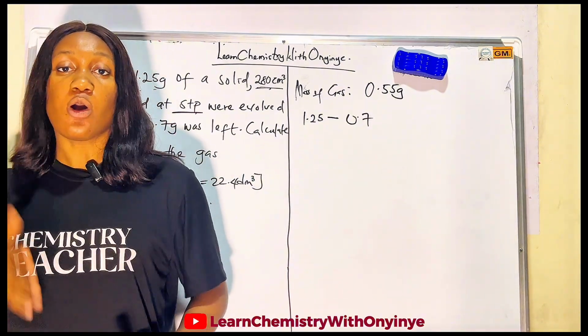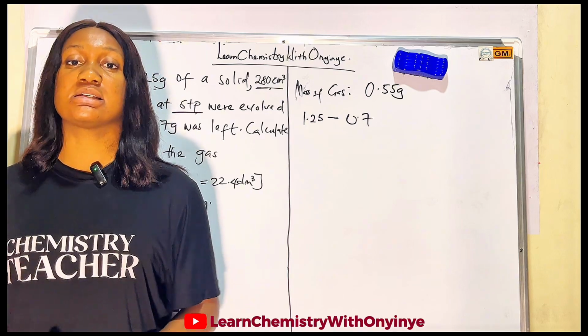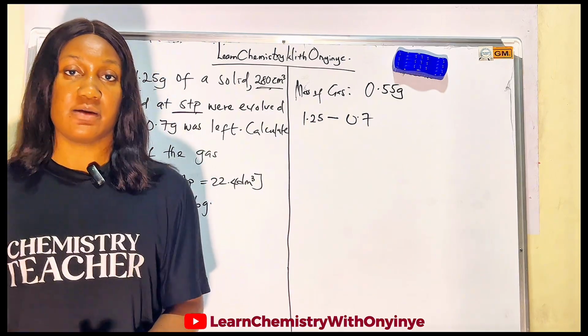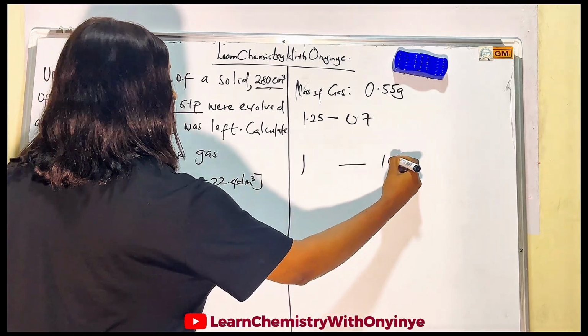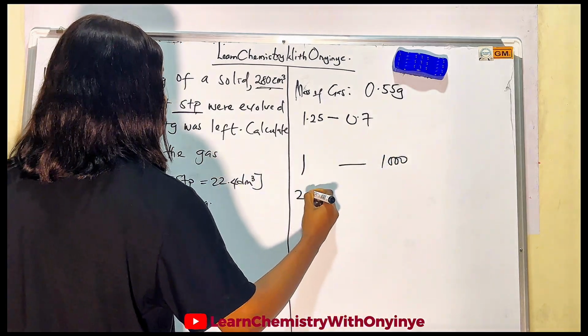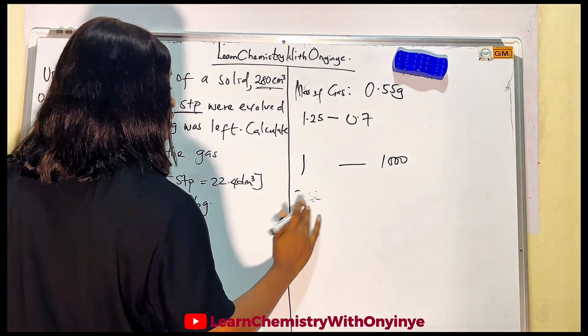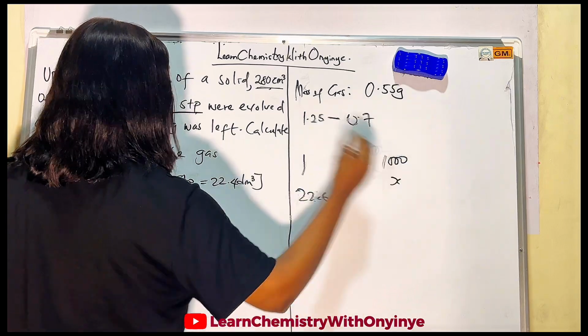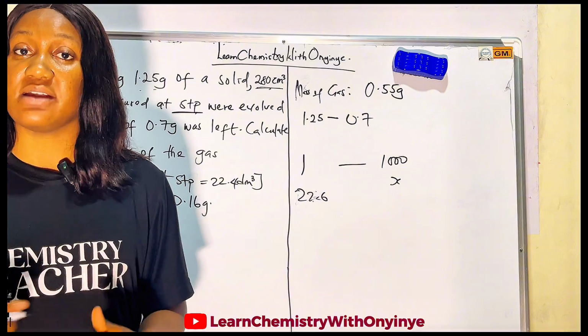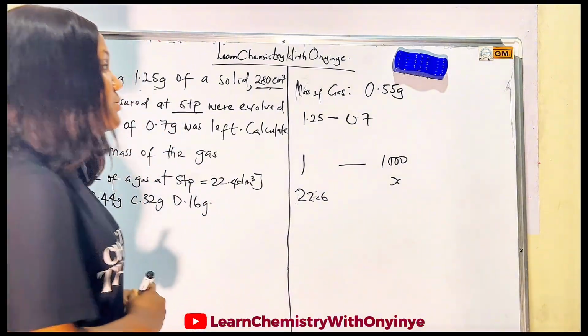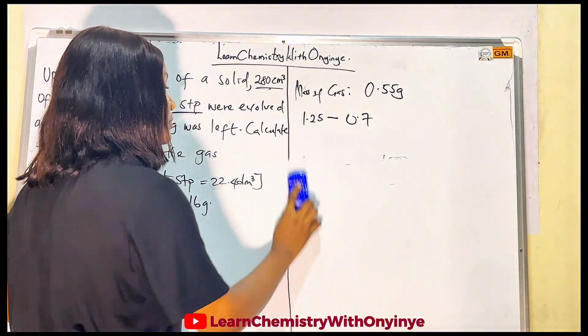So if I ask you to convert $22.6 to Naira, first of all, you're going to tell me that $1 is 1,000 Naira. So $22.6 will give you what? X. This is how you're going to convert it to Naira, right? In the same way, it applies to chemistry.